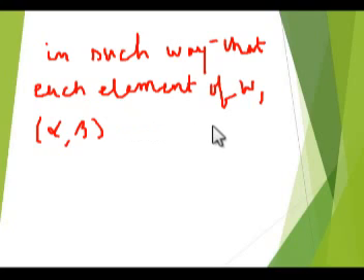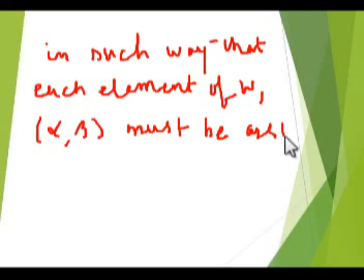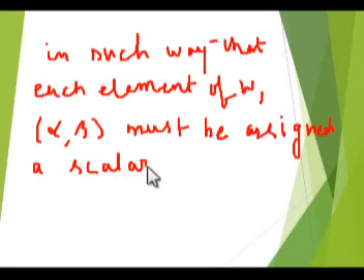So the bilinear form is defined in such a way that each element of W must be assigned a scalar belonging to the field F, where the vector spaces U and V are defined.